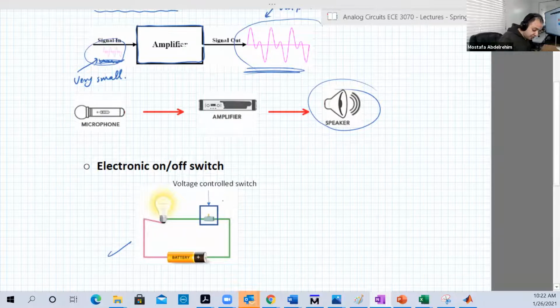So basically, if we explore more here, if you send, for example, a voltage equal to 0, this may be an open circuit, so this will be off.